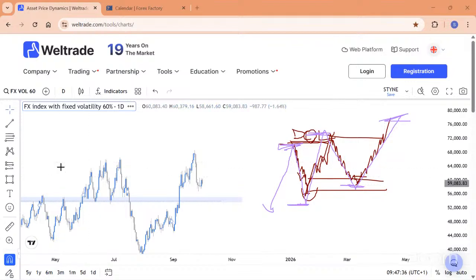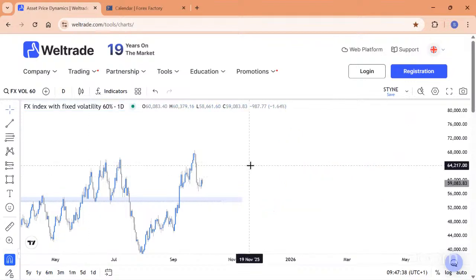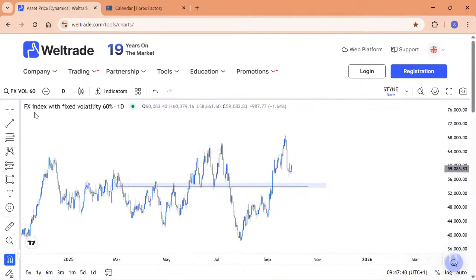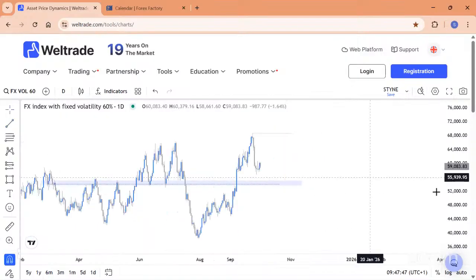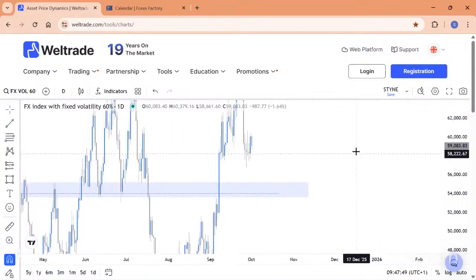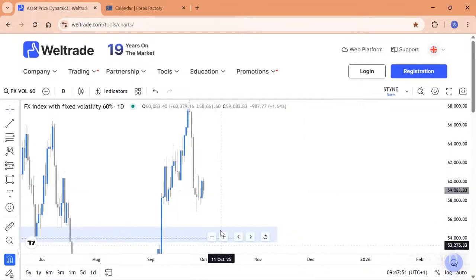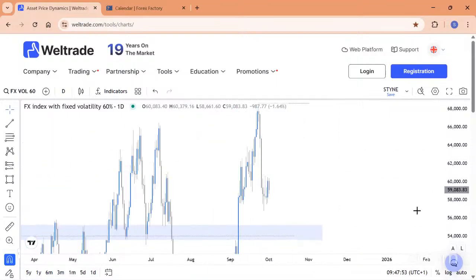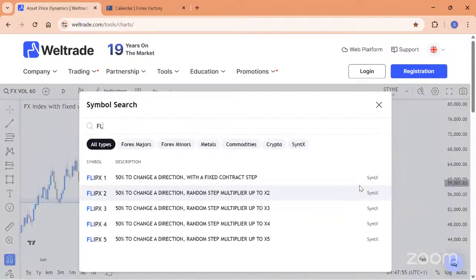So in case you're always wondering where can I take profit, or where can I expect price to run to, now we know how to determine that. This will be the final place. So whenever FX Vol 60 drops into this zone and then starts buying, we have a final target for it.